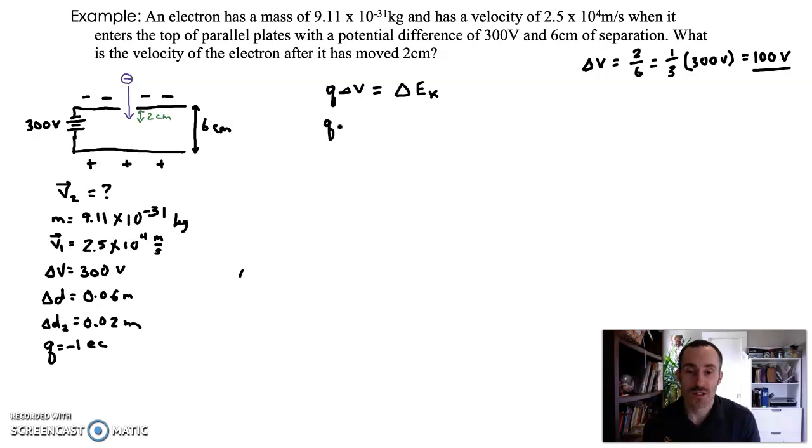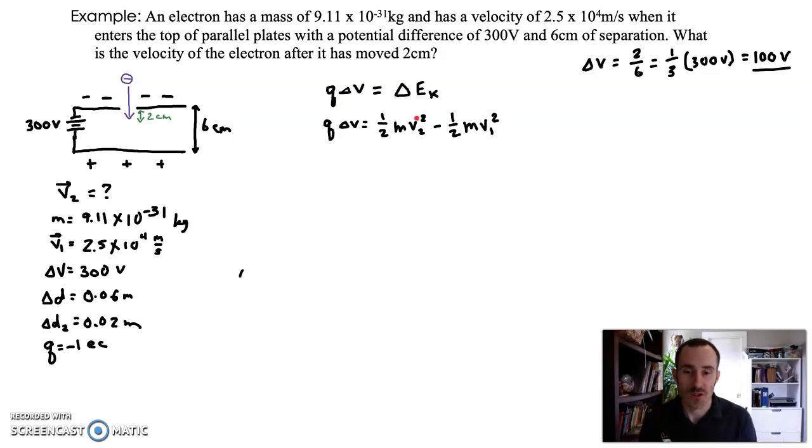So Q times change in V is equal to EK2 minus EK1. So half mv2 squared, minus half mv1 squared. Now we're trying to solve for V2.